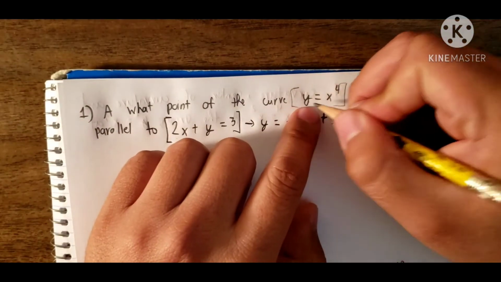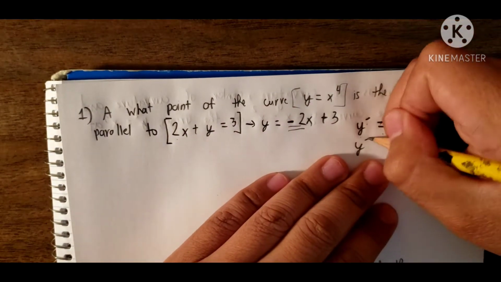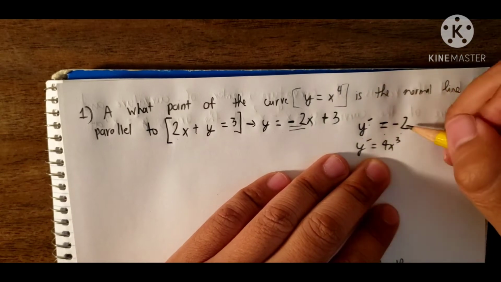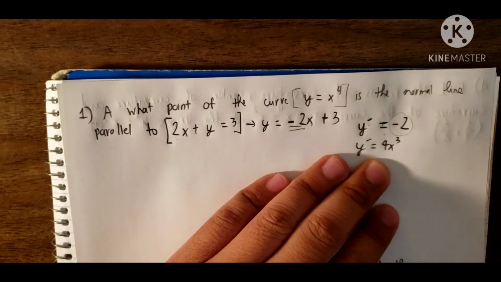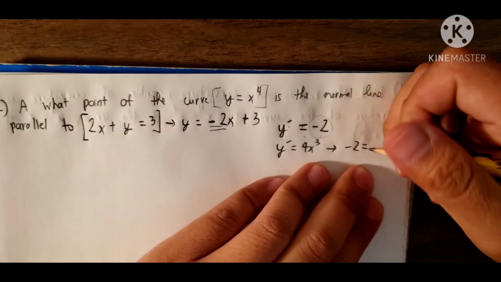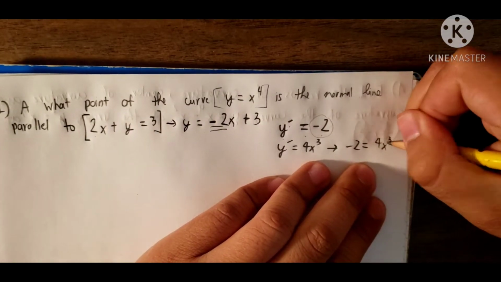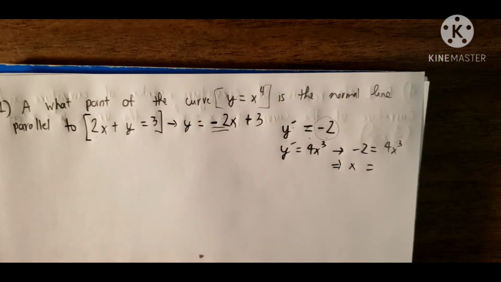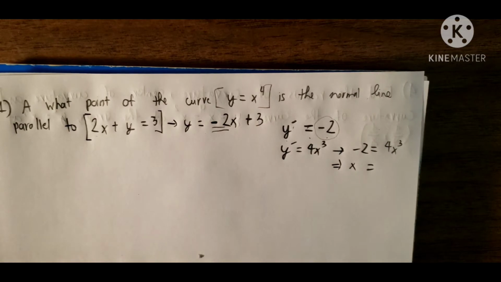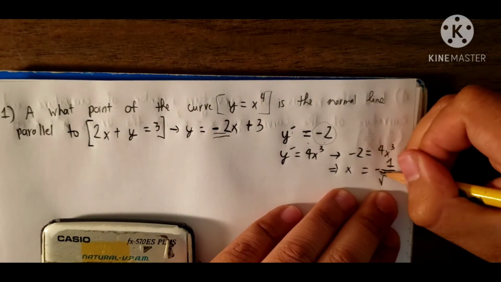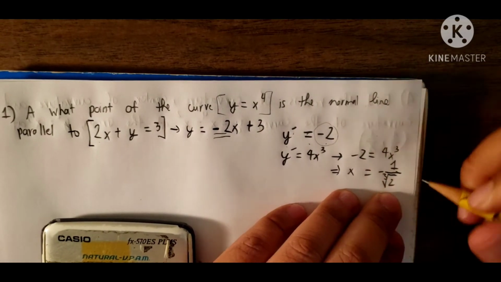First derivative of this curve is about 4x power 3. In this one, we put the minus 2 in here. And x is about minus 1 over the cubic root of 2.